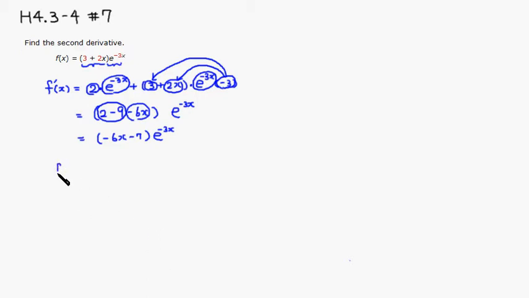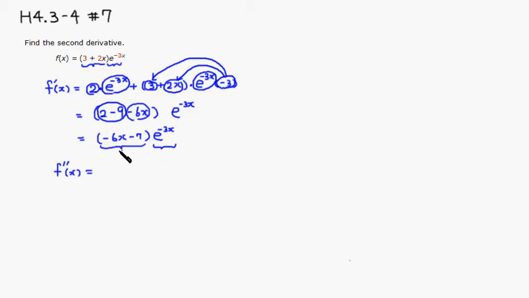So f double prime of x is going to be, same as before, we use the product rule. This is our first guy, this is our second guy.